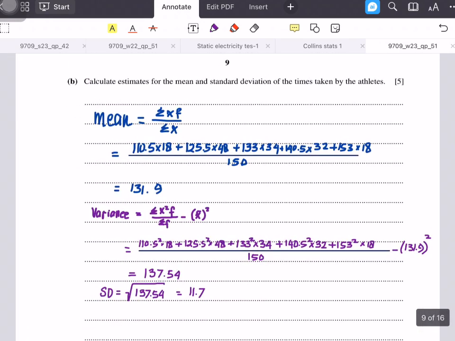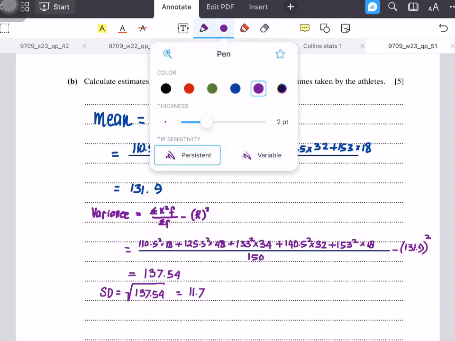Part B. Calculate estimates for the mean and standard deviation of the times taken by the athletes. So first, for the mean, the formula is sigma x times f divided by sigma f.